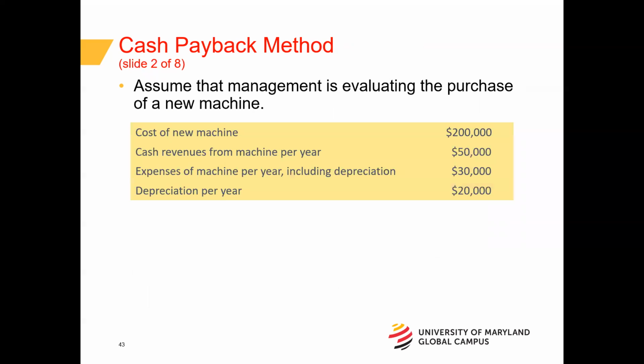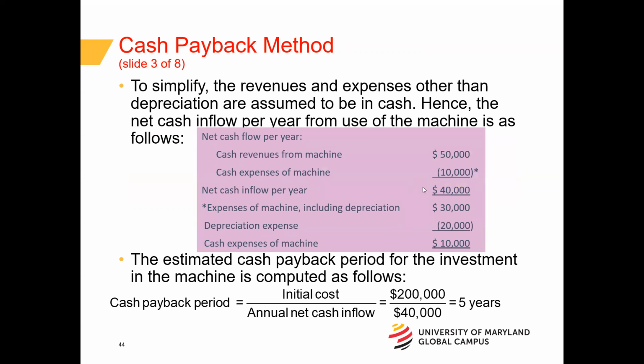We know in accounting that depreciation is not cash, right? We know that. We consider depreciation as an expense, but not a cash expense. Right? So revenue, the standard expenses of the machine being 30,000, to acknowledge those expenses, taking 30,000 minus depreciation expense, the total cash expense is 10,000.